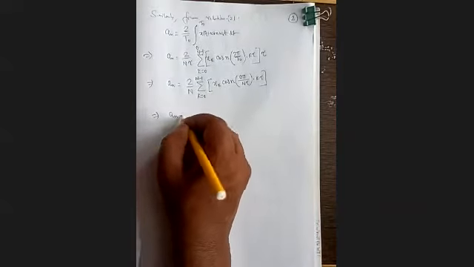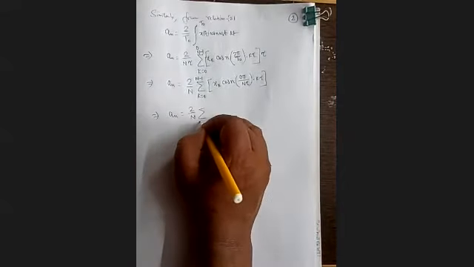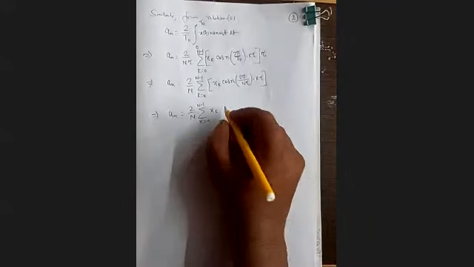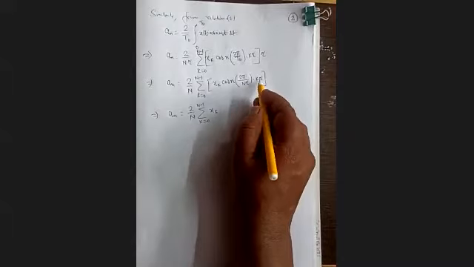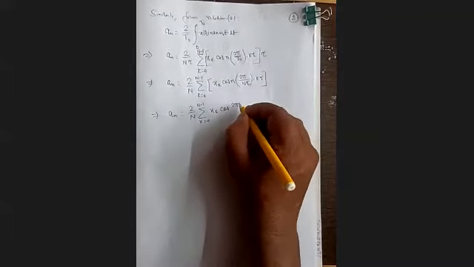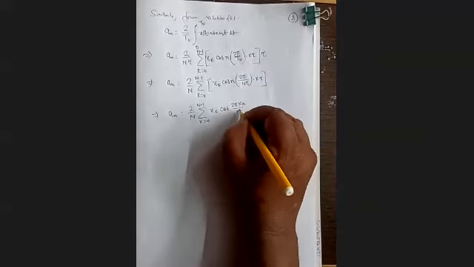So our an is 2 by n summation xk, and that tau and this tau cancel each other. So it is cos of 2 pi kn by capital N.